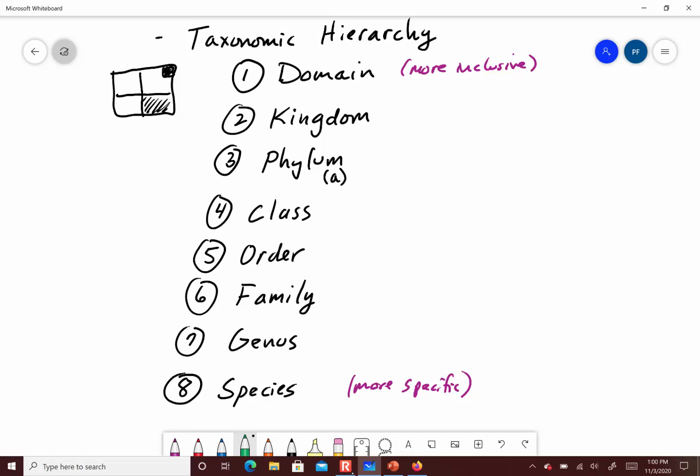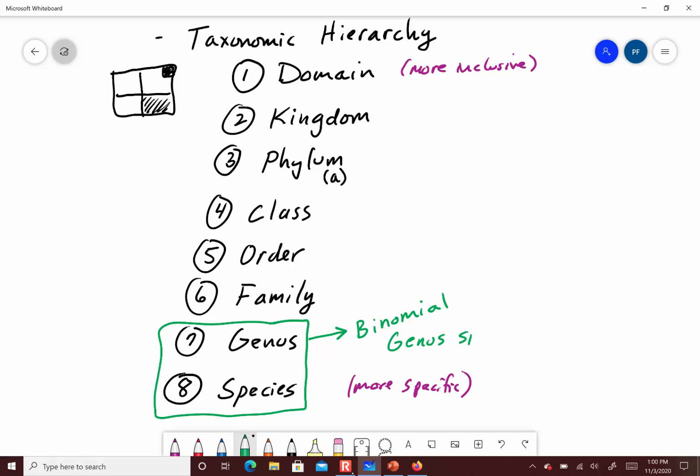And then one last thing I want to show you, and I'm going to show you a picture. In today's taxonomy, we have a name that we refer to as a binomial. And that name is the genus and species in our hierarchy. So the term binomial means two names. The two names that we have are the genus followed by the species.